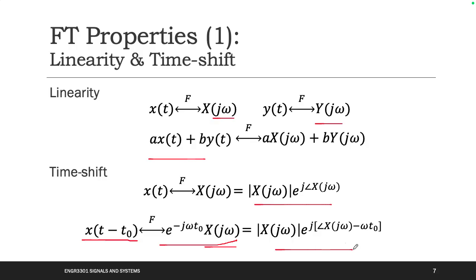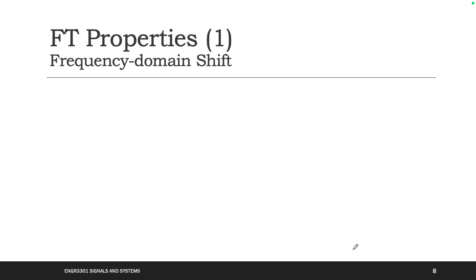Any questions? Okay. And then we talk about the frequency domain shift, which means we don't change the time, we just change the frequency, because we just multiply by a complex exponential to the original signal, right?